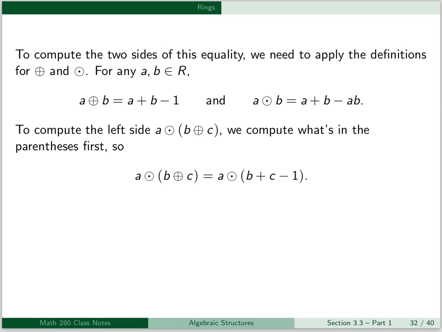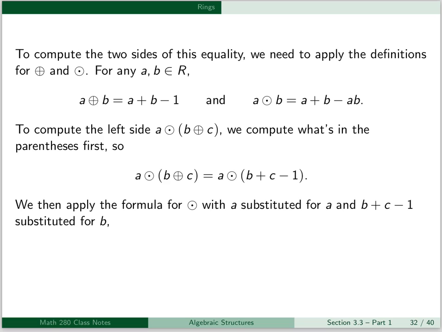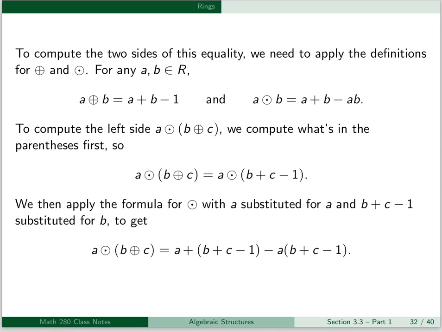So this equals a ⊙ (b + c − 1). We then apply the formula for ⊙ with a substituted for a and b + c − 1 substituted for b to get a ⊙ (b ⊕ c) will be a plus the quantity (b + c − 1) minus a times the quantity (b + c − 1).